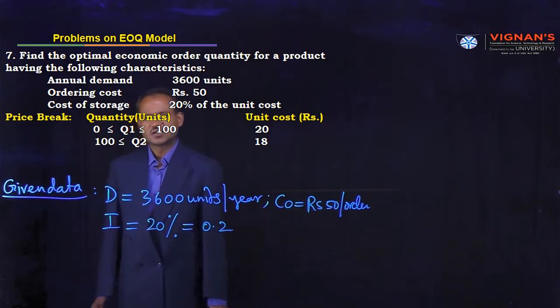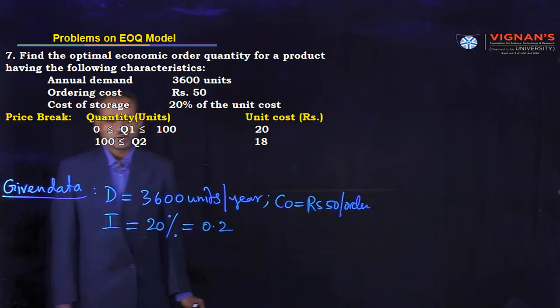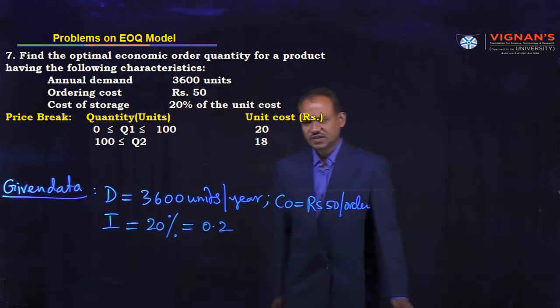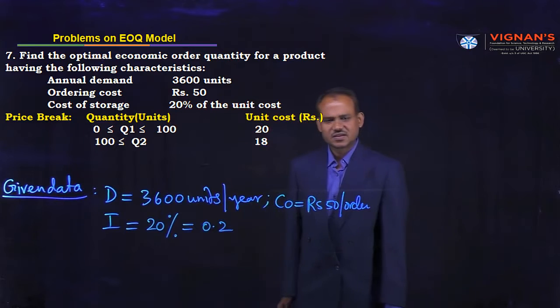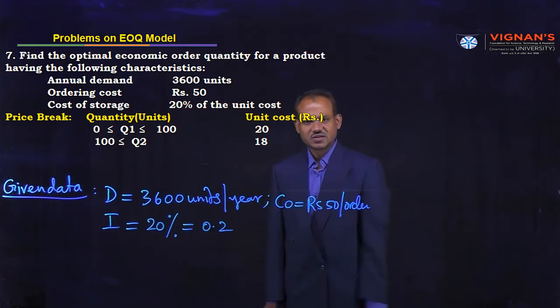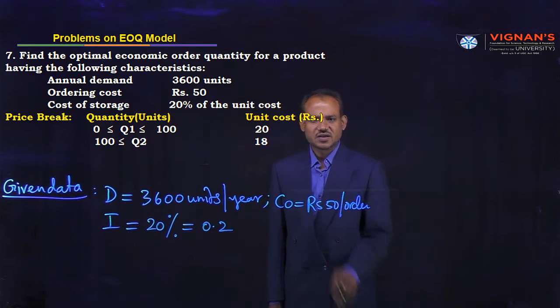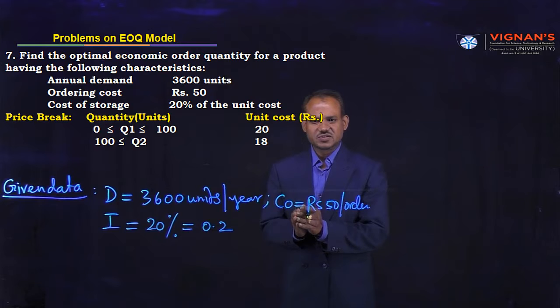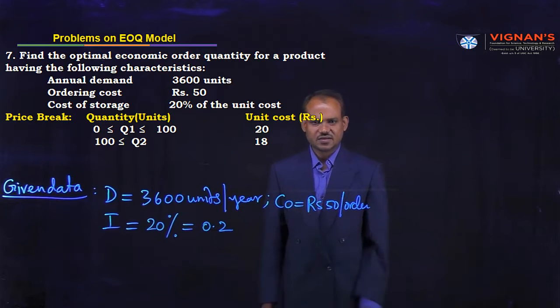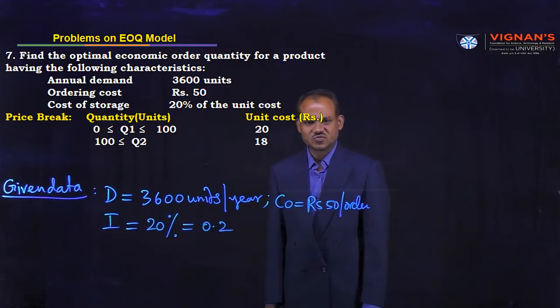So next, price break is given. What do you mean by price break? If the quantity Q1 lies between 0 and less than 100, that means if we purchase between 0 to 99, what is the cost price? 20 rupees per unit.